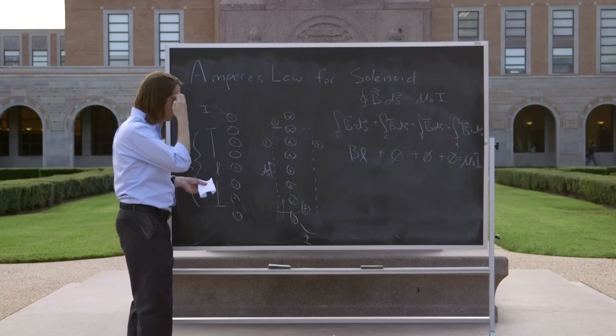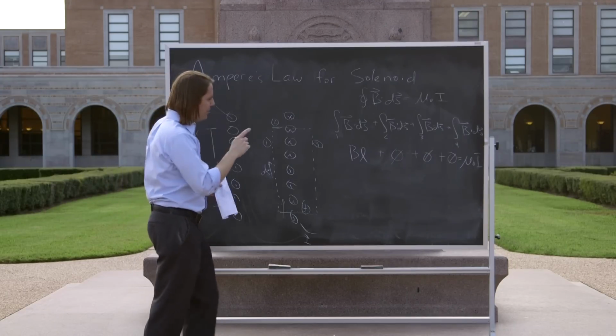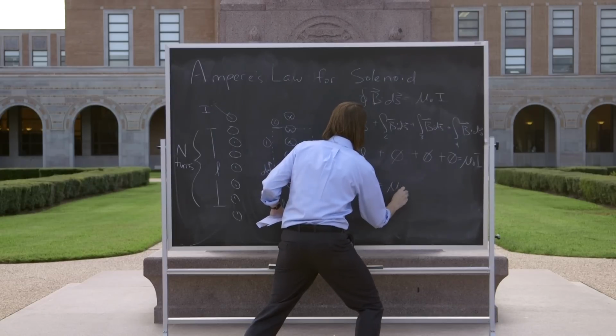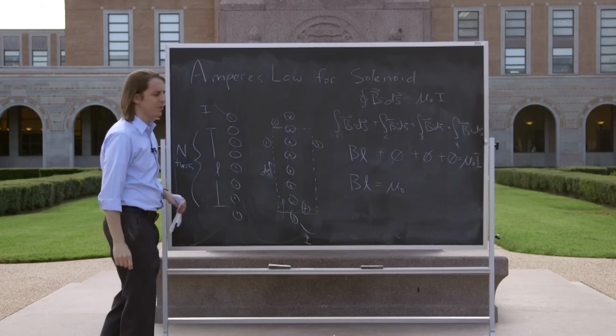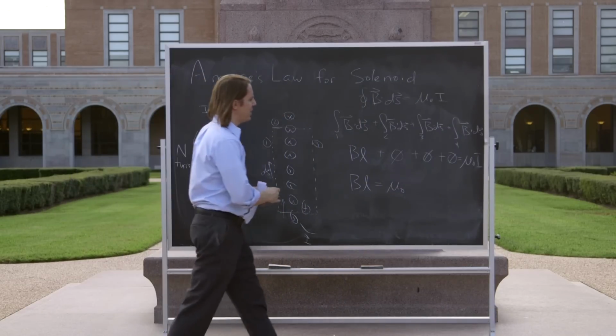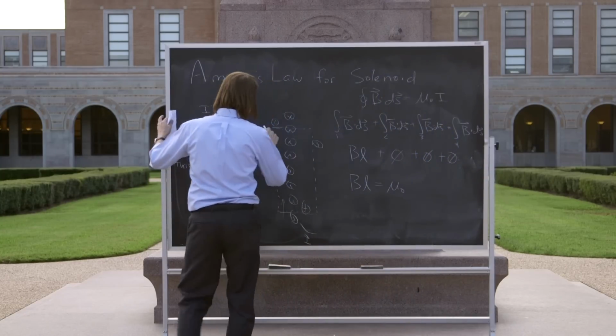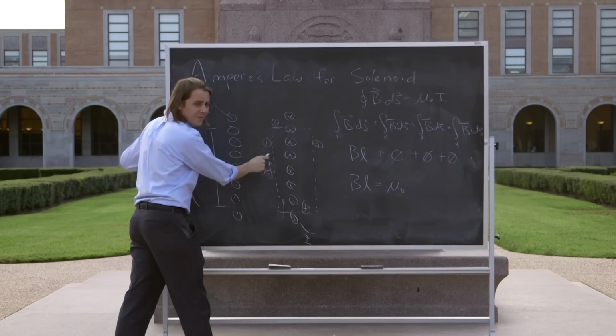Okay, so let's see. BL equals mu naught, but how much current is going through here? Oh, it's not just I. The current I flows through every turn of the wire, right?